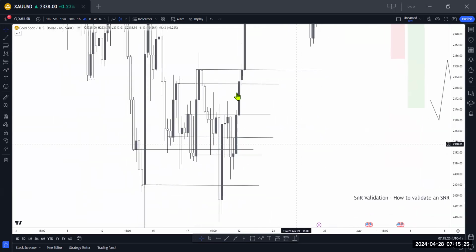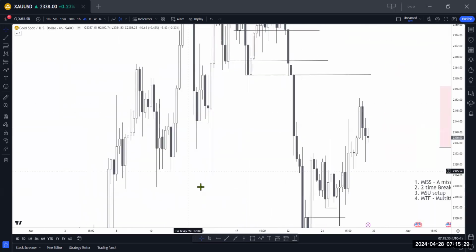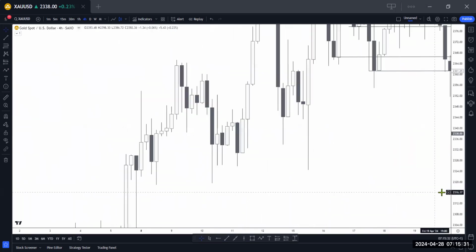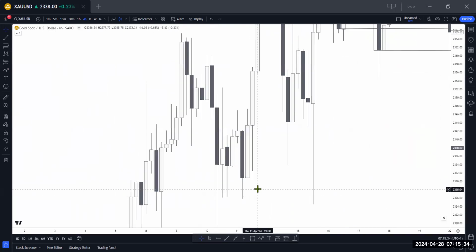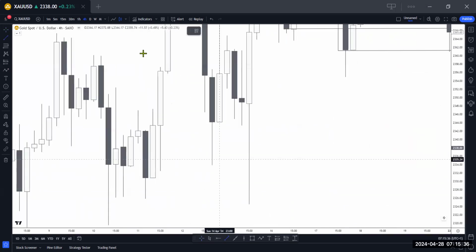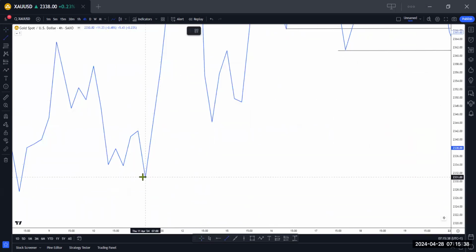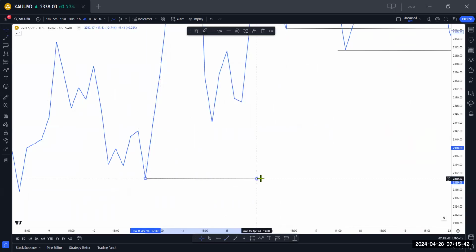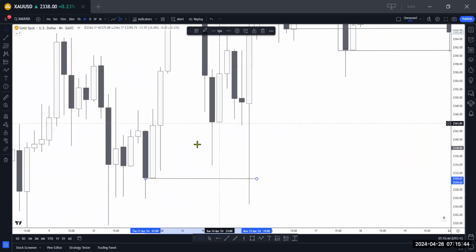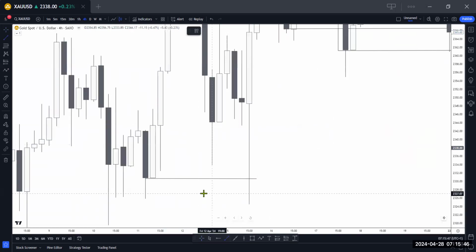Okay, let's see more examples. See this example. The price comes and taps this SNR level, but before tapping this SNR level, there have been failed attempts. We have a miss. So the first one is this candle.